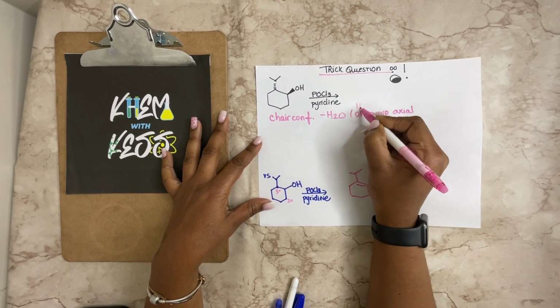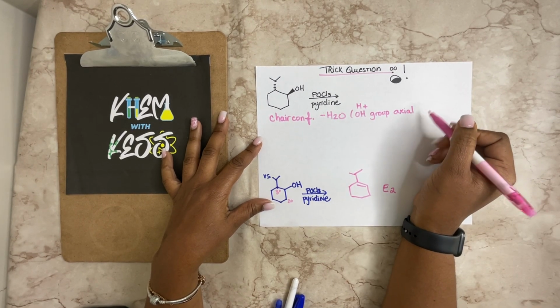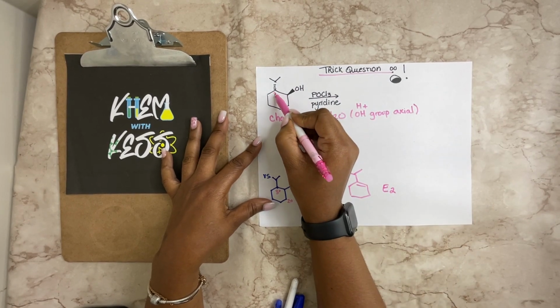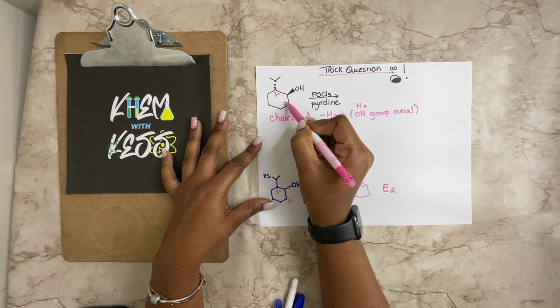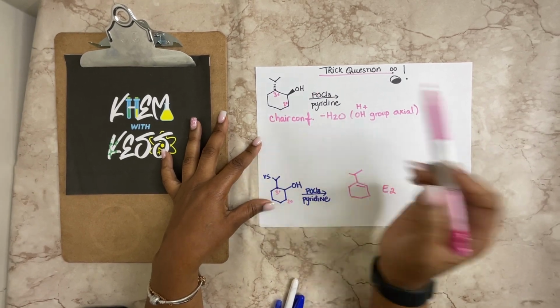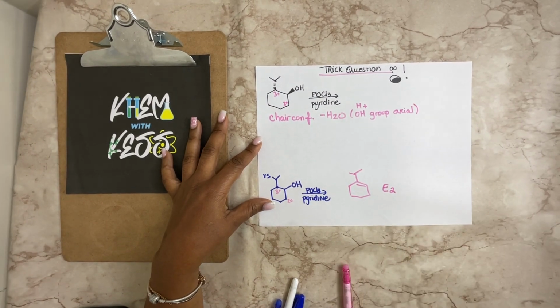So hydrogen plus OH group, it has to be in the axial position in order to be properly eliminated. So even though this is tertiary and this is secondary, never, ever, ever assume that the double bond will go tertiary in this case due to stereochemistry.